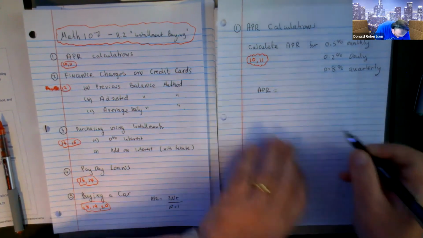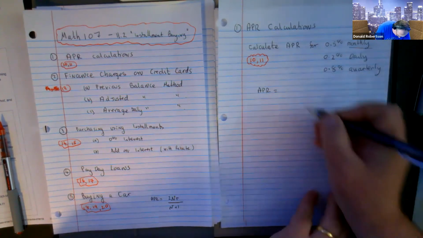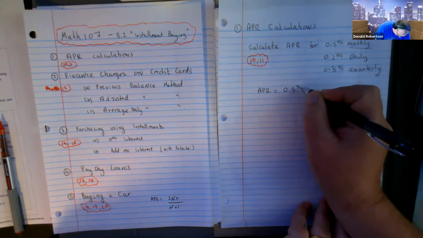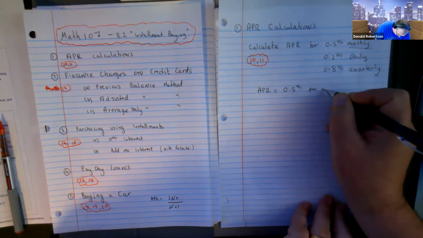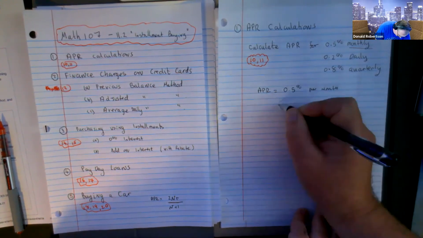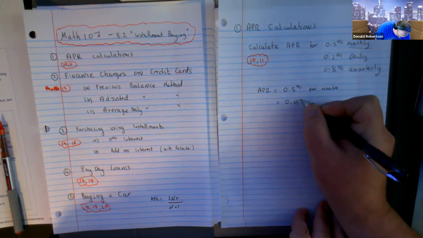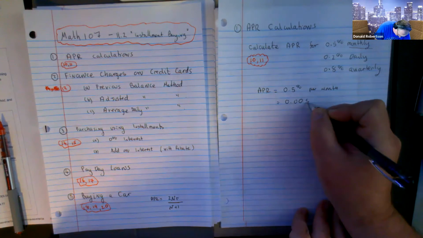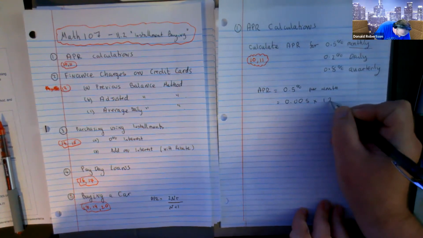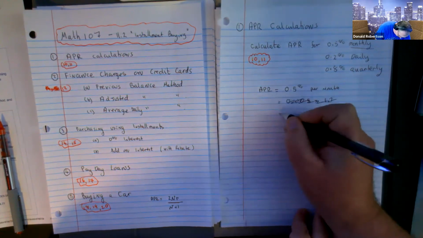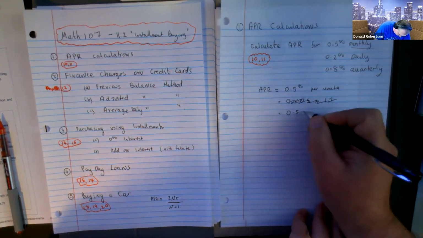And it depends on this guy here. If you're being charged 0.5% per month, right? So it's a monthly charge. To get the APR, you go 0.5 times 12.